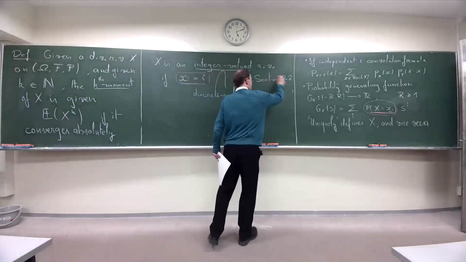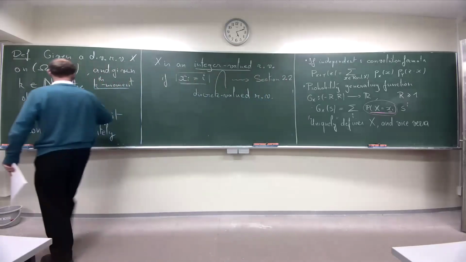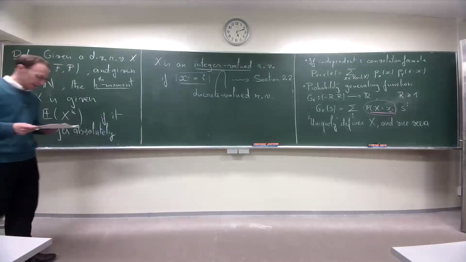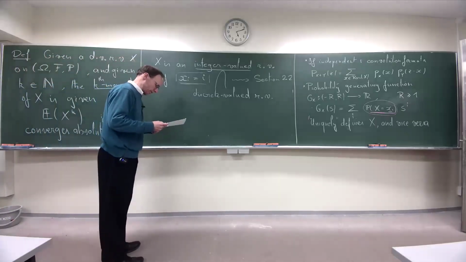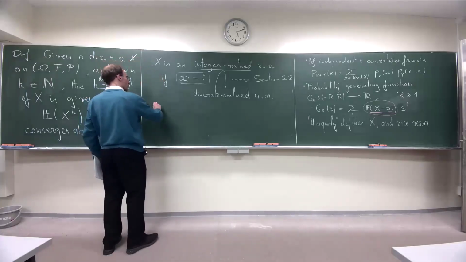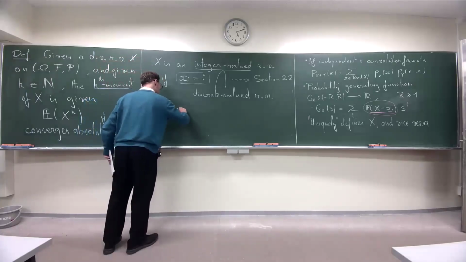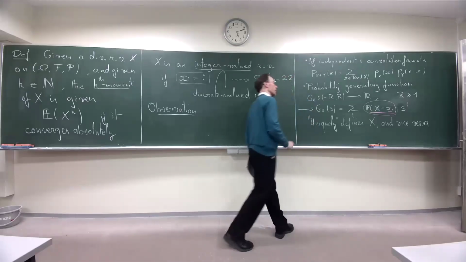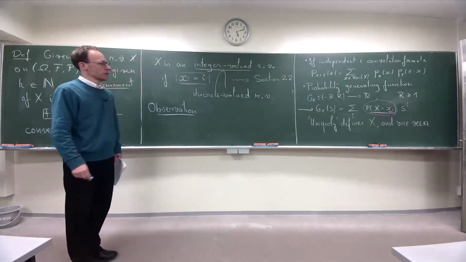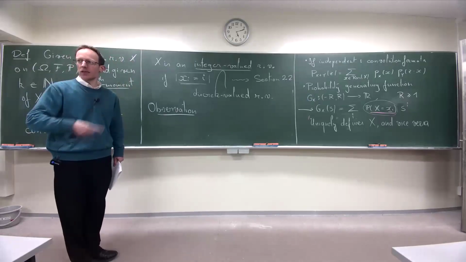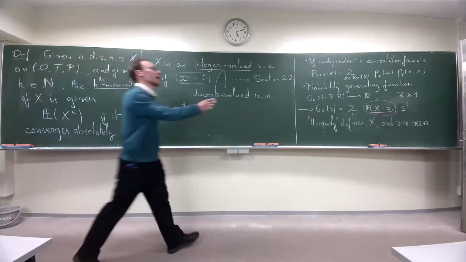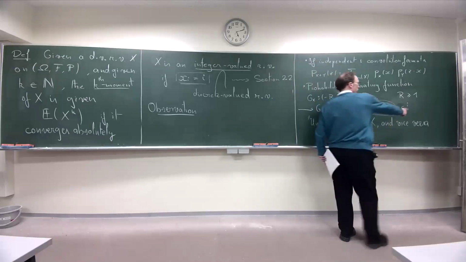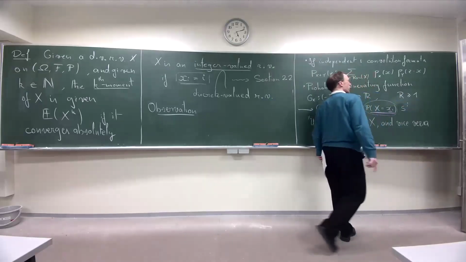So the link between probability generating function and this k-th moment is straightforward if you deal with integer valued random variables. One observation which I need before the statement: if you have already studied power series like this, maybe you remember that these functions are differentiable an infinite number of times as long as you stay inside the radius of convergence, and the derivatives are just obtained by taking the derivative of these powers.